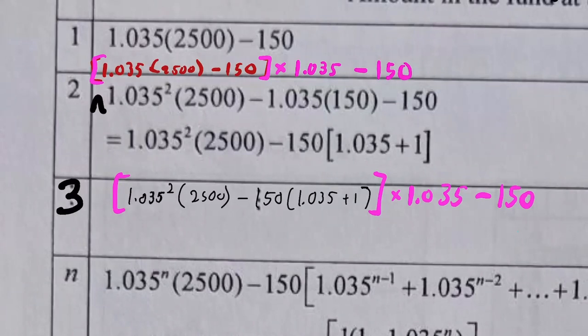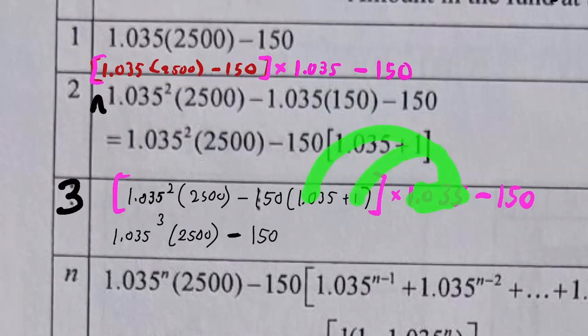Okay, then after that, just multiply in. So 1.0, first term, 1.035 multiplied into 1.035 squared, you get 1.035 power 3 times 2500. Subtract away 150. This time 1.035 times, okay, you understand how to multiply in, right? This expression. Yeah. You sure? You understand?